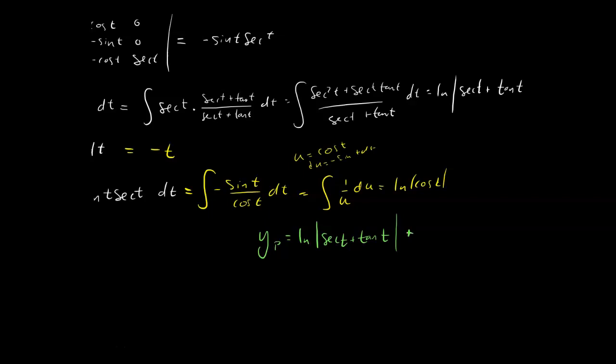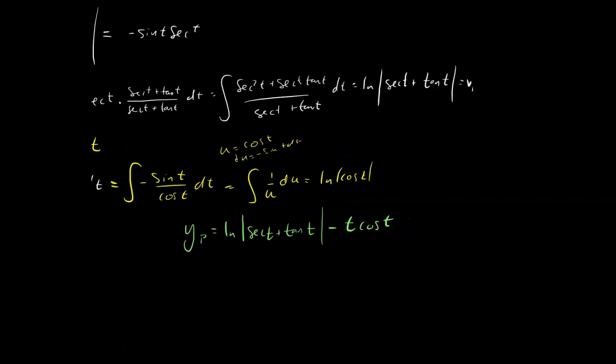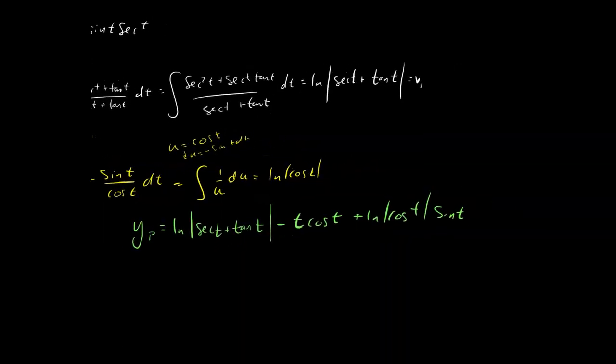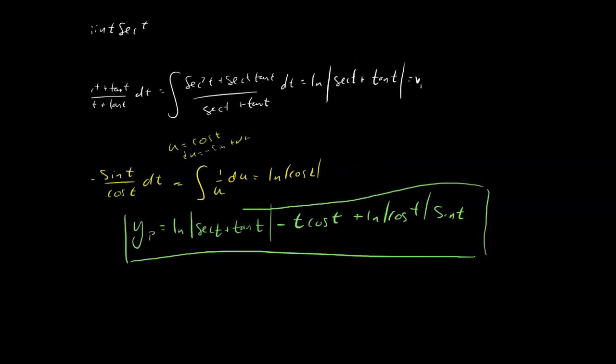V2 was negative t, but we're multiplying it by a cosine, so it'll be minus t cosine of t. And then V3 is plus the natural log of cosine t times sine t. So here's a particular solution to this problem. And I never would have guessed that is what it was from inspection, but we can get it with only a moderate amount of pain from our method.